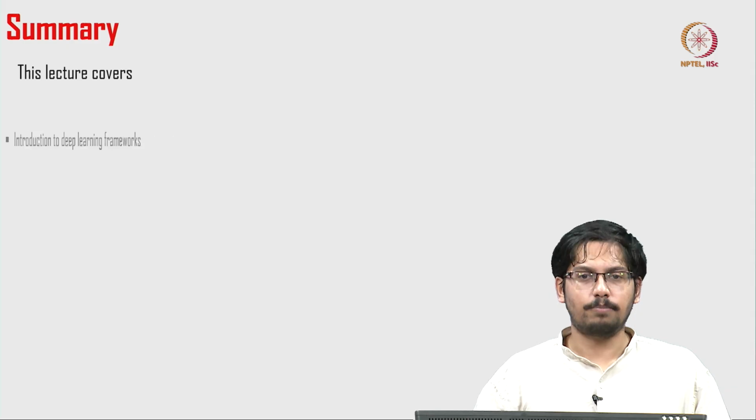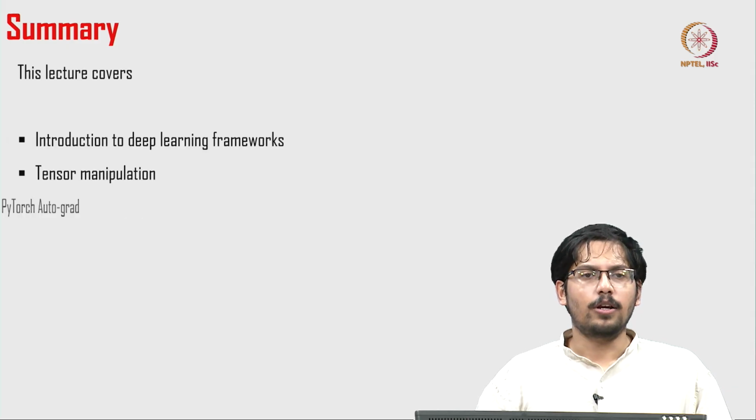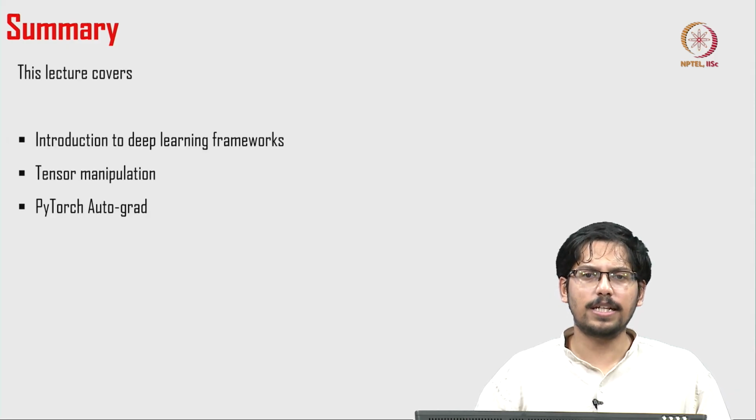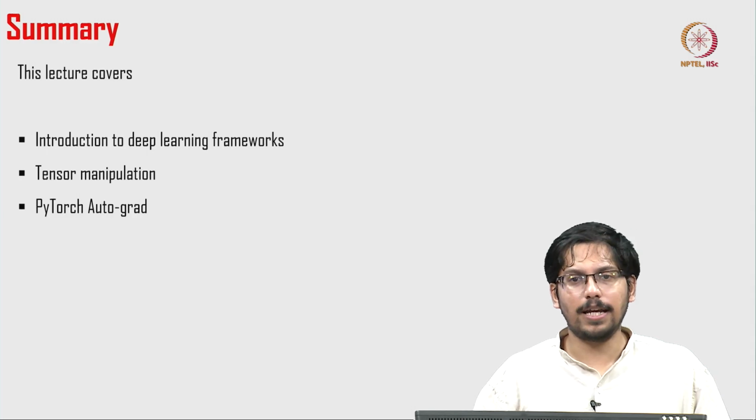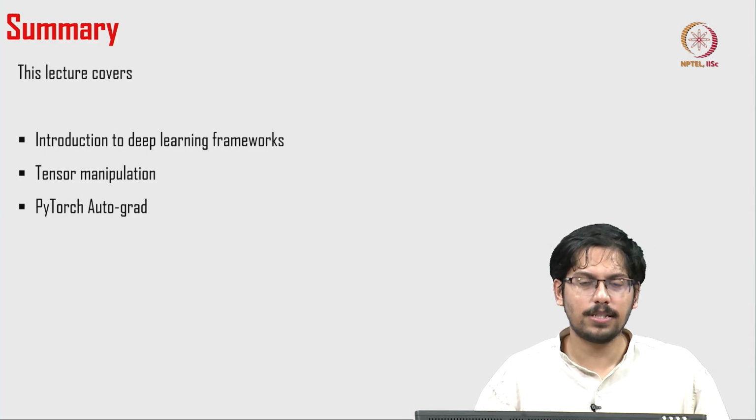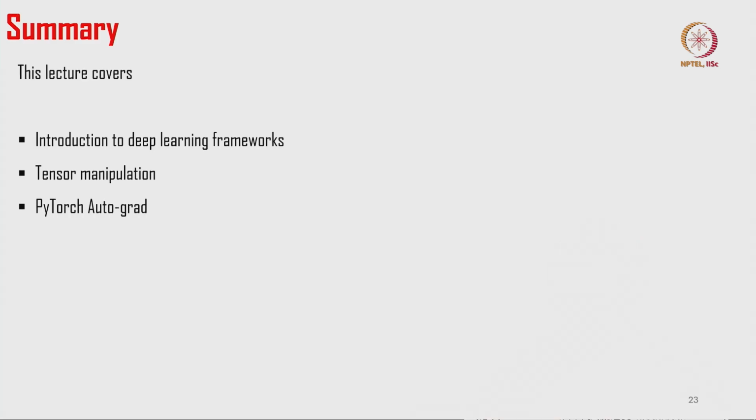Okay. To summarize, in this particular lecture or tutorial, we went over an introduction of various deep learning frameworks. We understood what we mean by deep learning frameworks and what the existing frameworks are, and how they work with NVIDIA CUDA support. We also went into a very brief description of tensor manipulation, which is essentially defining different ranks of tensors.